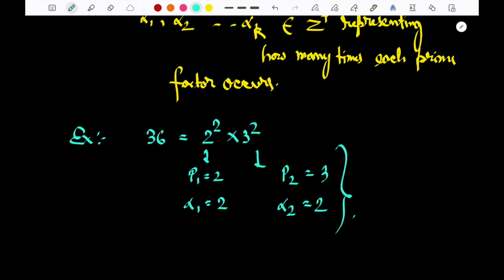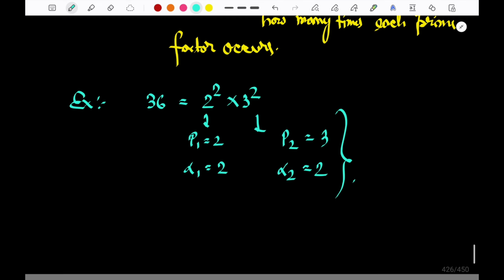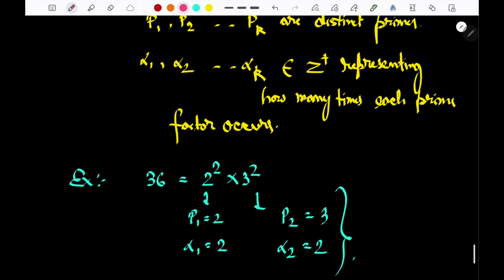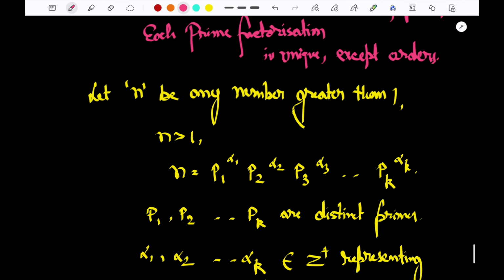Okay, so now for the proof, what we can do is a simple thing. As I have already stated, any number greater than 1 can be written as a product of primes.